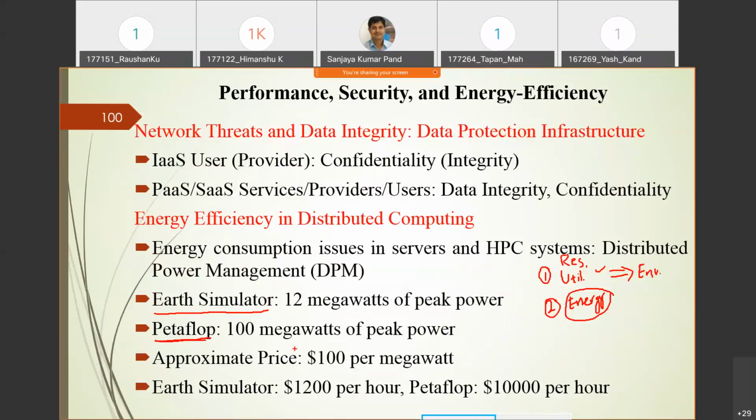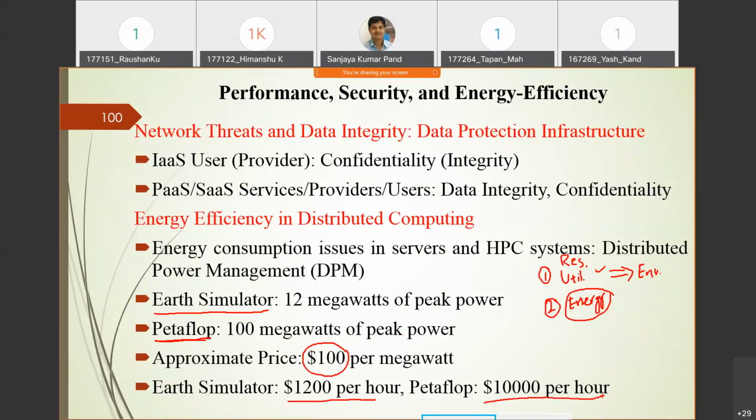These are some statistics. You need not worry about them, but they show why energy efficiency is required. Assume that per megawatt the price is $100. In this case the Earth simulator requires $1,200 per hour, and the petaflop requires 100 into $100, that is $10,000 per hour.